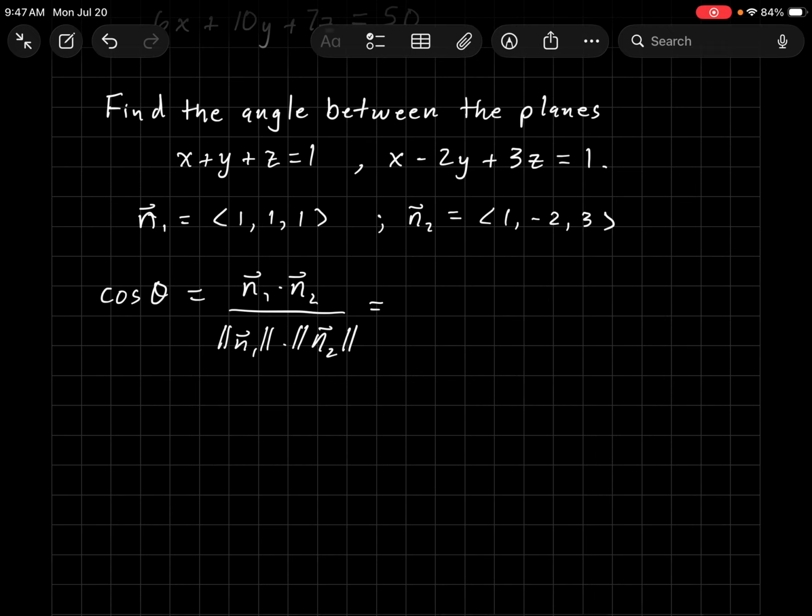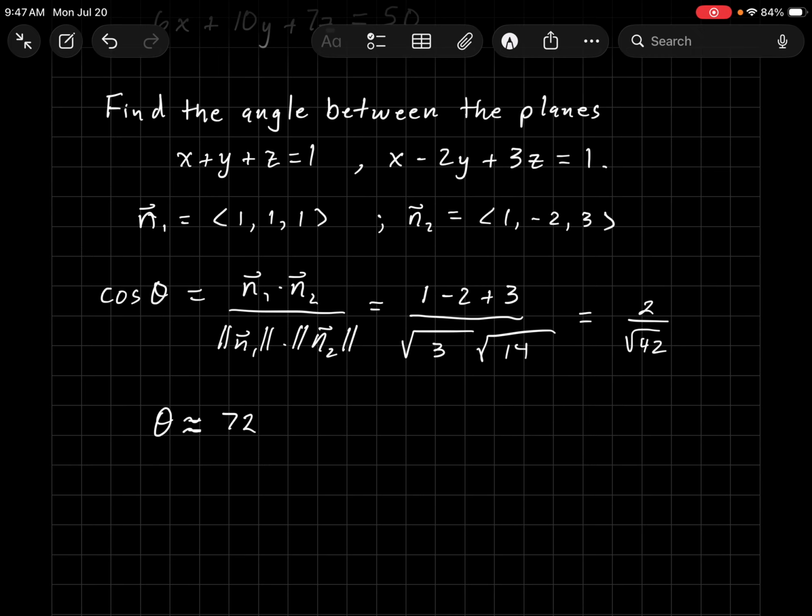So doing the dot product up top, we get 1 minus 2 plus 3 all over the square root of 3 times the square root of 14, which gives us 2 over the square root of 42. And then using a calculator, we get theta is approximately 72 degrees.